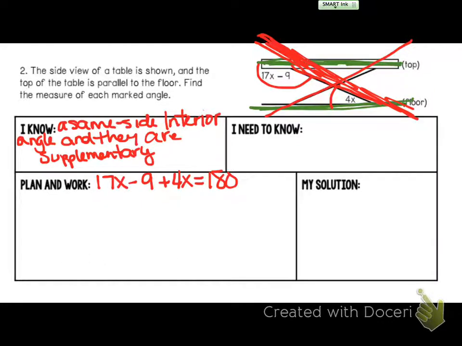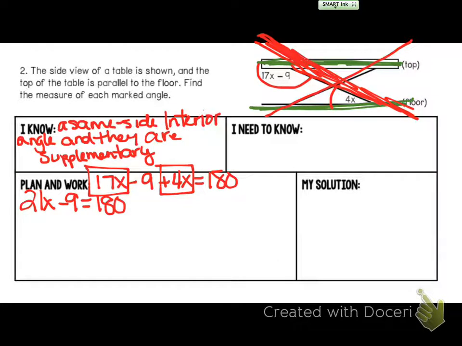Because those two add together to equal 180, right? So now I can combine my like terms, 17x and 4x. I don't have to move anything over because it's on the same side of the equal sign. I just add 17x and 4x together, and I get 21x. So I get 21x minus 9 equals 180.